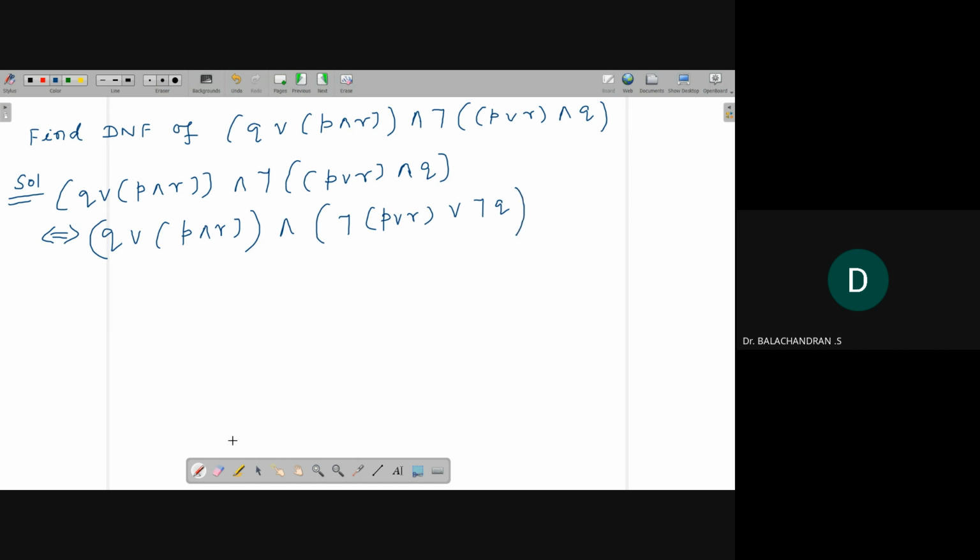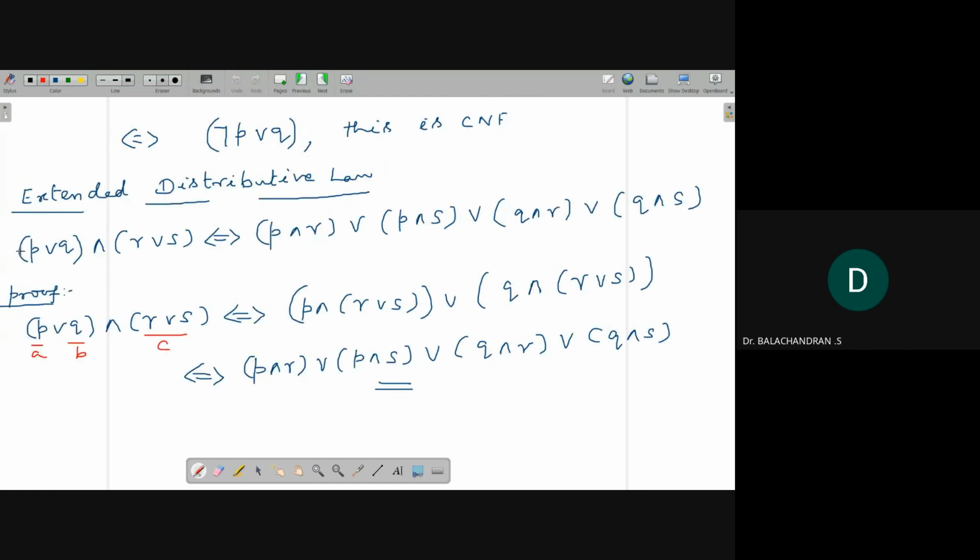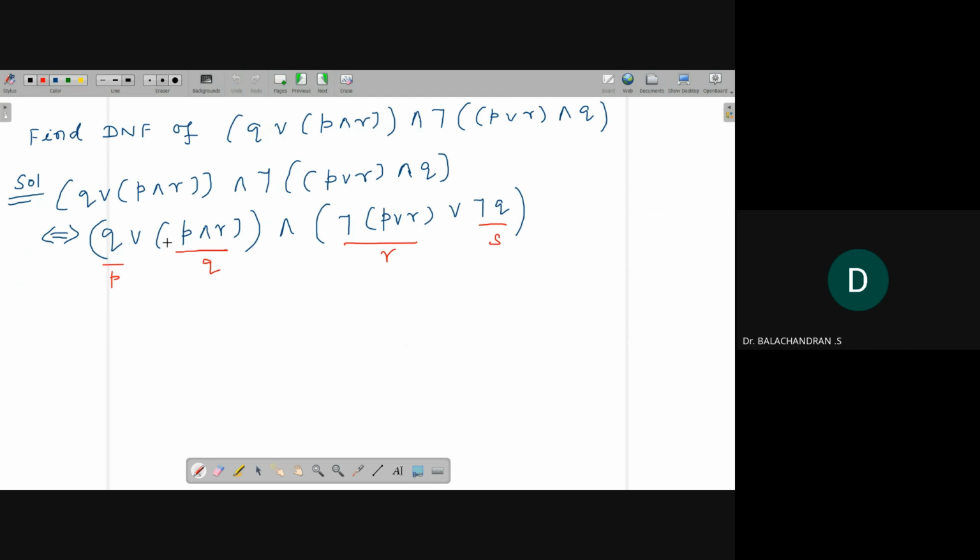Now you can see here, this is of the form: this is P, this is Q, this is R, this is S. So P or Q and R or S looks like the extended distributive law. Now you can apply it, because here you have and, and here you have or. You can apply the extended distributive law, or you can apply the distributive law two times. You will get the answer. No problem.